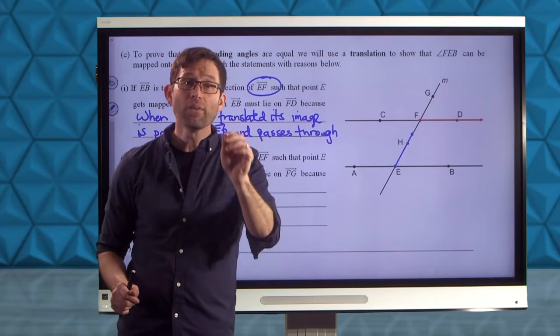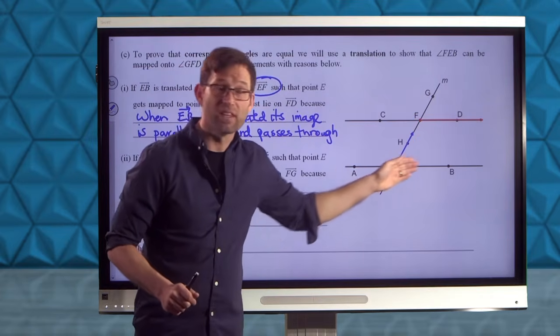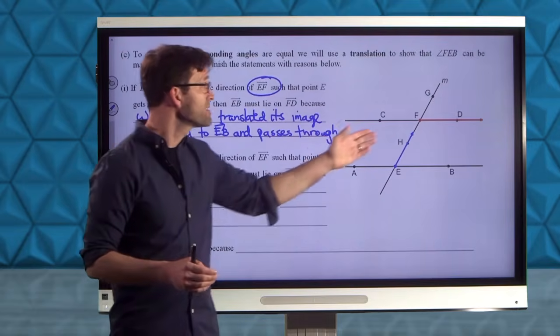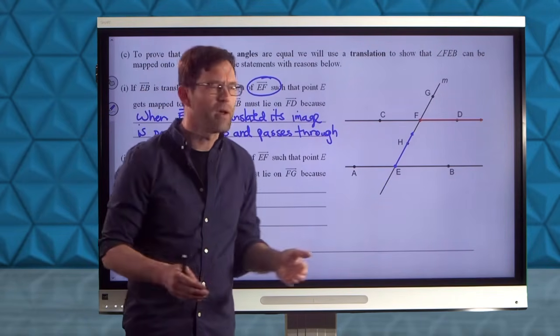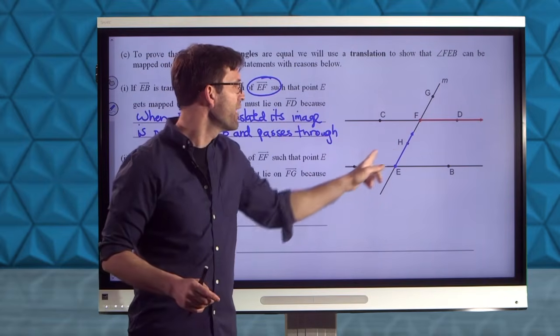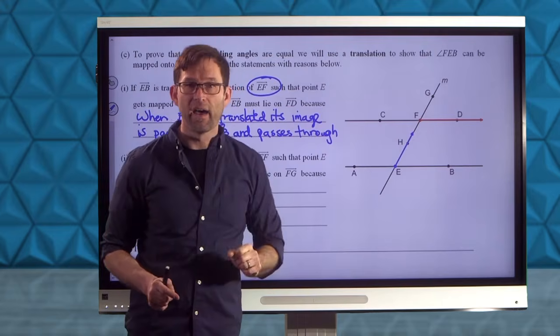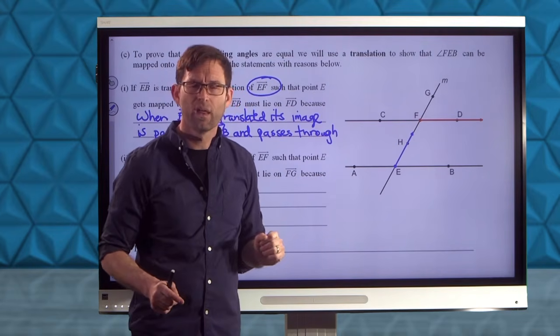But there is only one line that goes through point F that's parallel to EB. That's what Euclid's parallel postulate says. So since I know that the image of EB, E prime B prime, whatever, passes through F and is parallel to EB, it must lie on FD, because we know these two line segments are parallel.